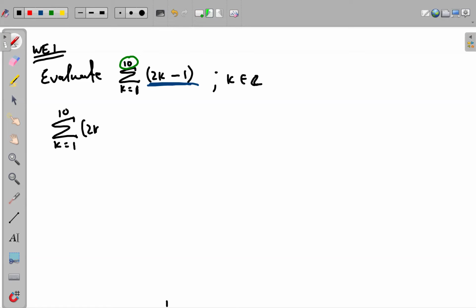When you see an expression like this, it means, watch this, in the place of k, I'm going to put a 1. Now I'm adding. This is just my first term, right? I'm adding because sigma means sum of. Then I'll substitute k equals 2, and I'm going to keep adding up until 10.